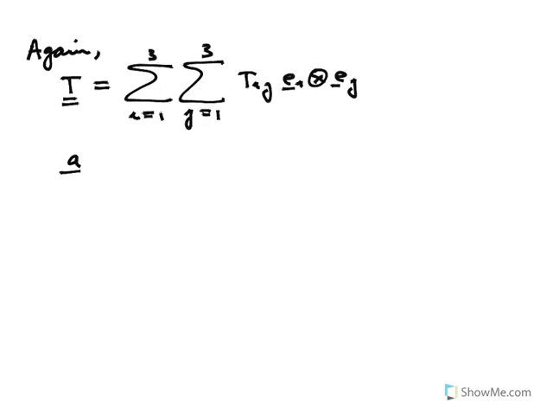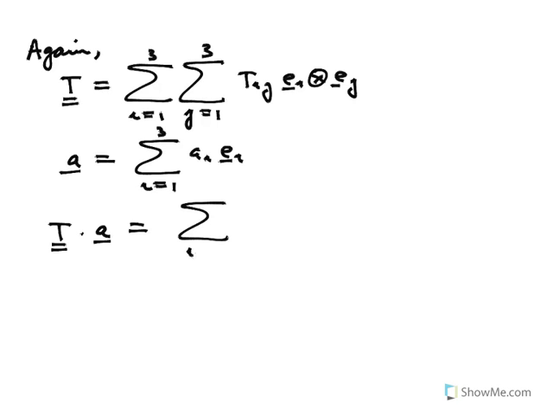And then the vector A looks like the sum from i equals 1 to 3 of Ai Ei, where this basis E1, E2, E3 is a right-handed orthonormal basis. So the product of the tensor with the vector is going to equal the sum from i equals 1 to 3 of the sum from j equals 1 to 3.